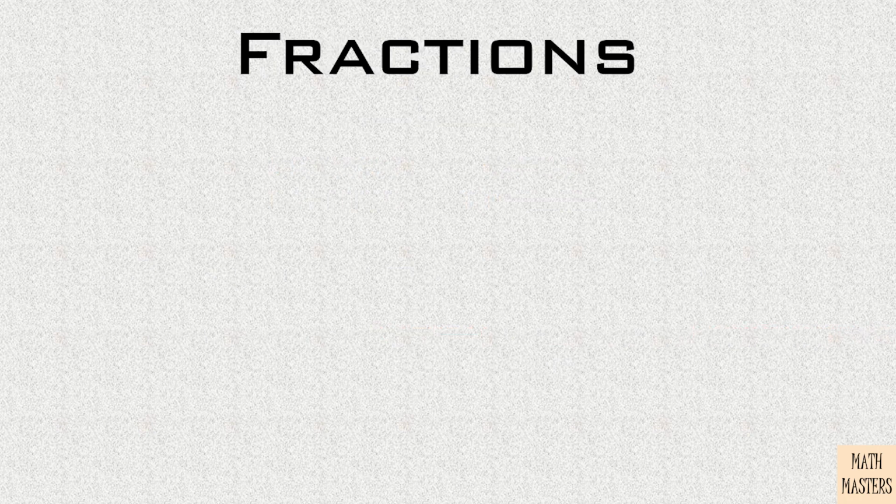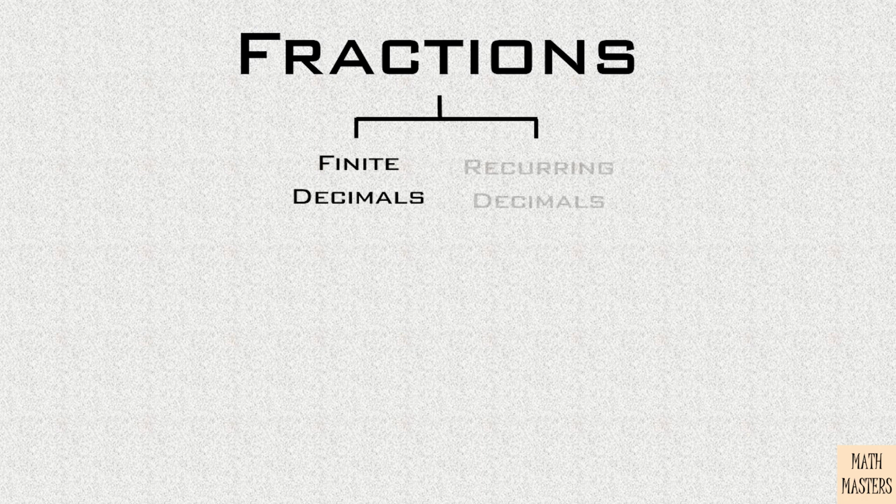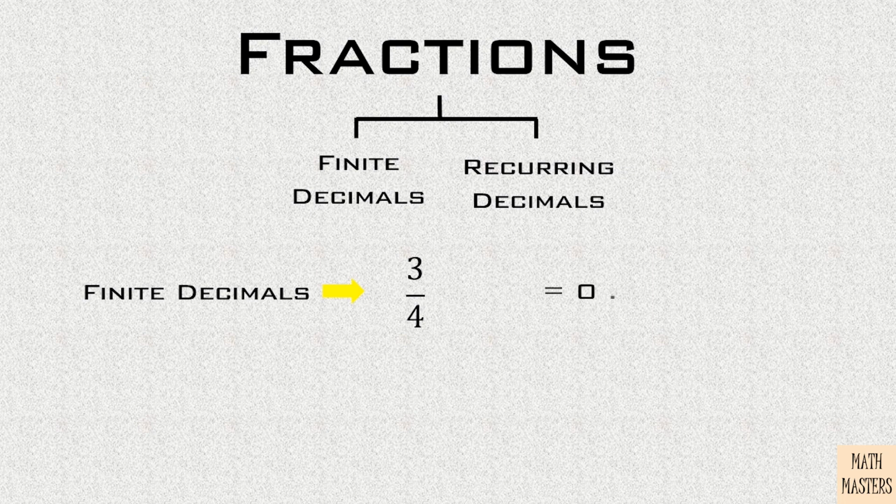In the set of fractions, there are two types of fractions called finite decimals and recurrent decimals. Fractions such as 3 over 4, which is equal to 0.75, give us an exact decimal value. These types of fractions fall into the finite decimals category.